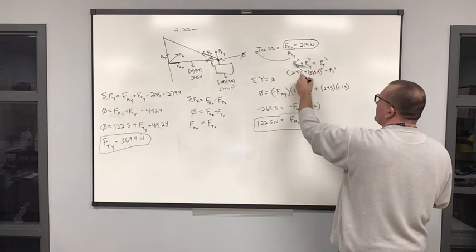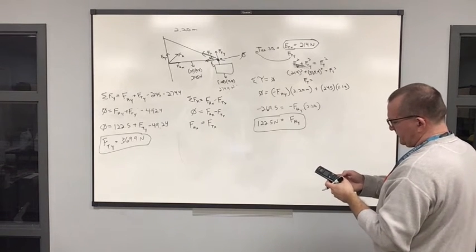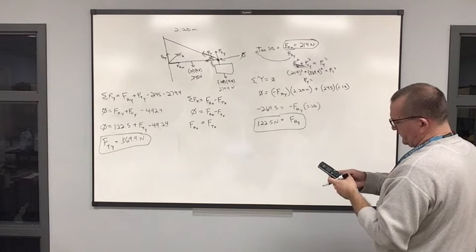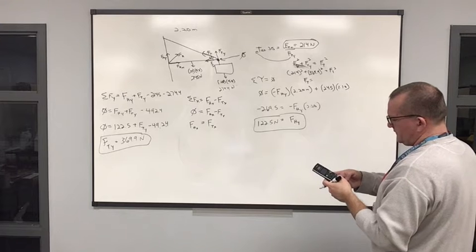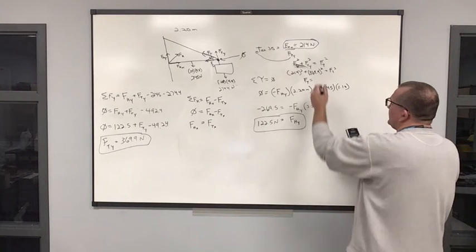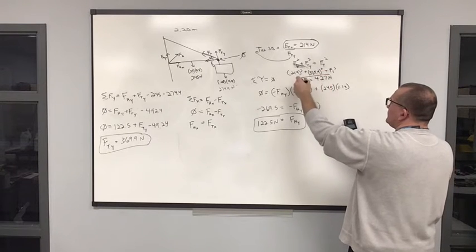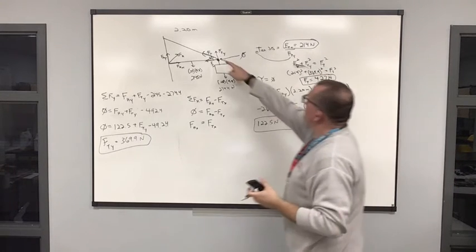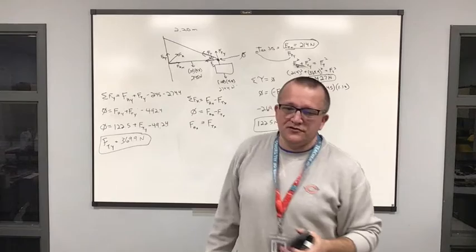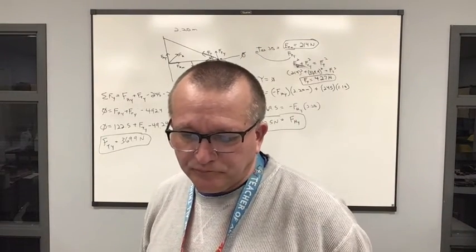So now I can find my overall tension force. So 214 squared plus 369.9 squared. Take the square root of my answer, and I get a tension force of 427 newtons right here. So that's 427 newton tension force on my F of T.